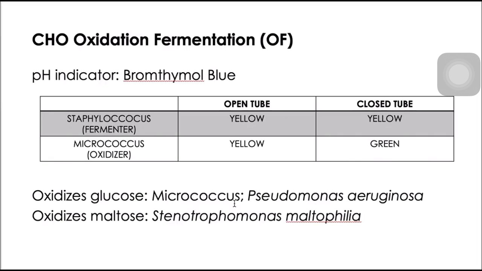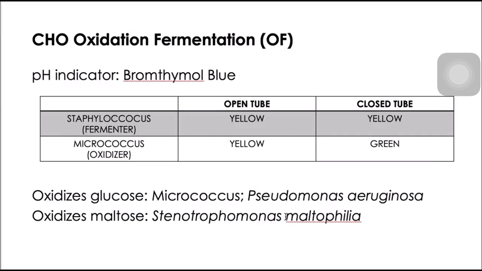There are many other examples, but one to take note of is Pseudomonas. Pseudomonas species are also non-fermenters. They can't ferment glucose, but they can oxidize glucose. The one that can oxidize maltose is your Stenotrophomonas maltophilia.